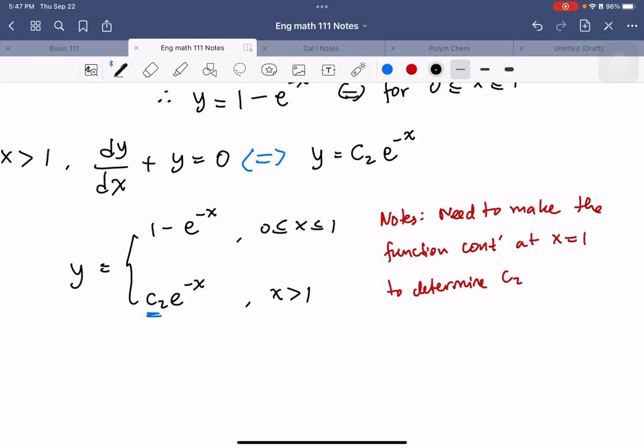So what we are going to do is take the limit as x approaches 1 from the right, because it's our interval of the function. Let's write the function y, and continuity means that this will be equal to the function at that point.